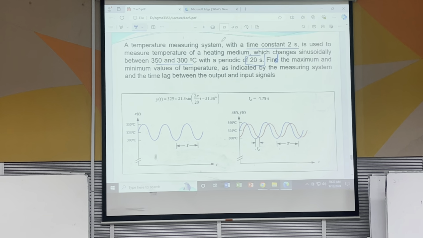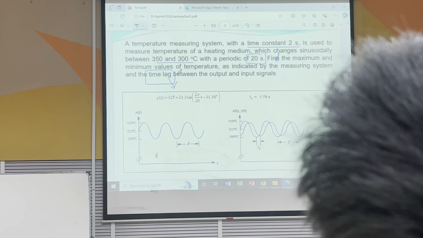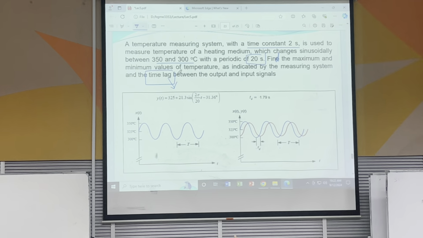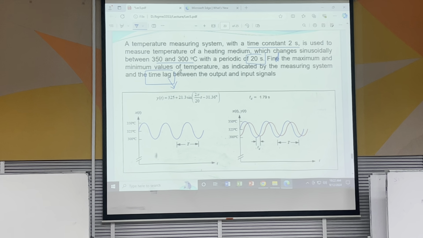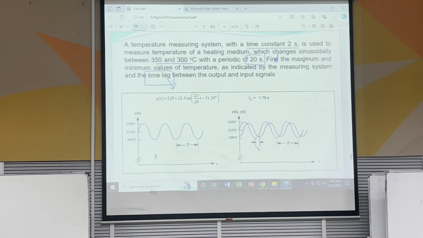Just now I mentioned time lag also means time delay, same meaning. So the very first thing you should do is find the output first, because from this output you can observe what is the maximum or minimum. This one is the output solution.